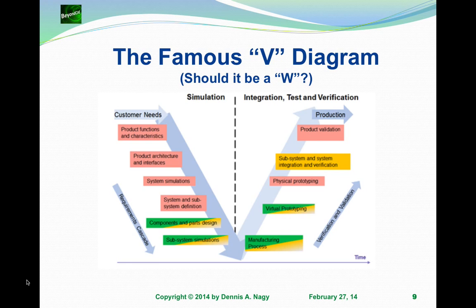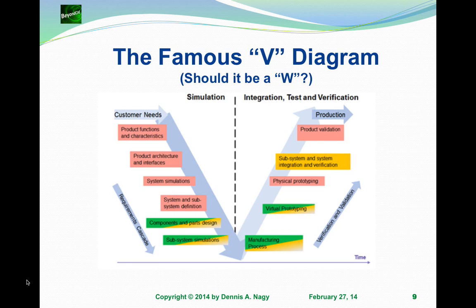And that V diagram has become very good as a talking point for looking at where a particular software tool or idea falls in that process, or where there are gaps and needs where something is not being well done at this point.